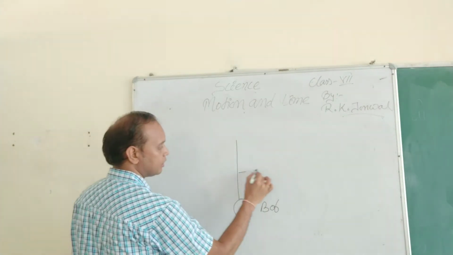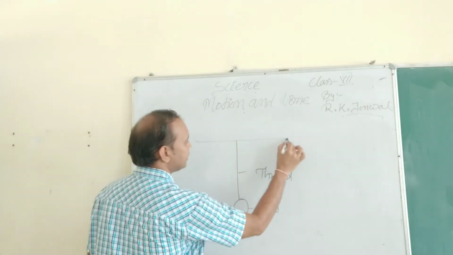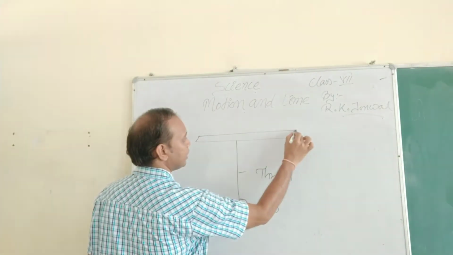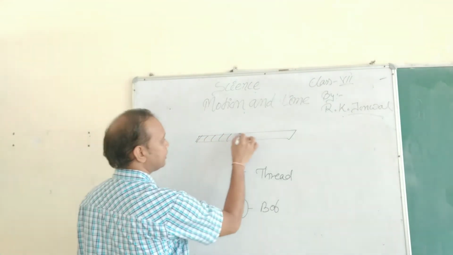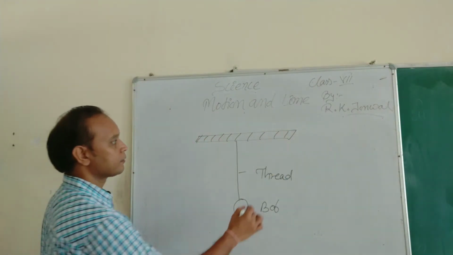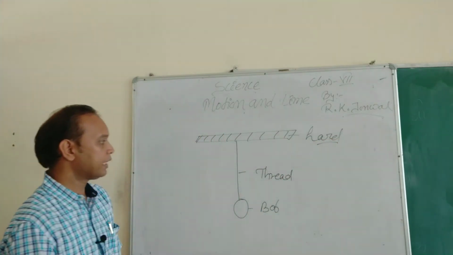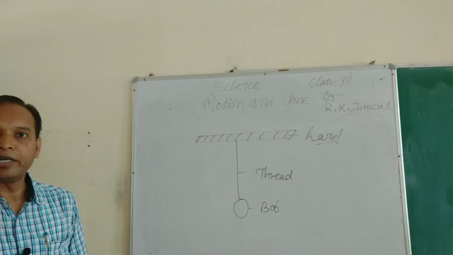That is the thread, and that is the rigid surface. Okay, we can hang this mass with the help of thread on a rigid surface, a hard surface. Then we can say it is a simple pendulum.